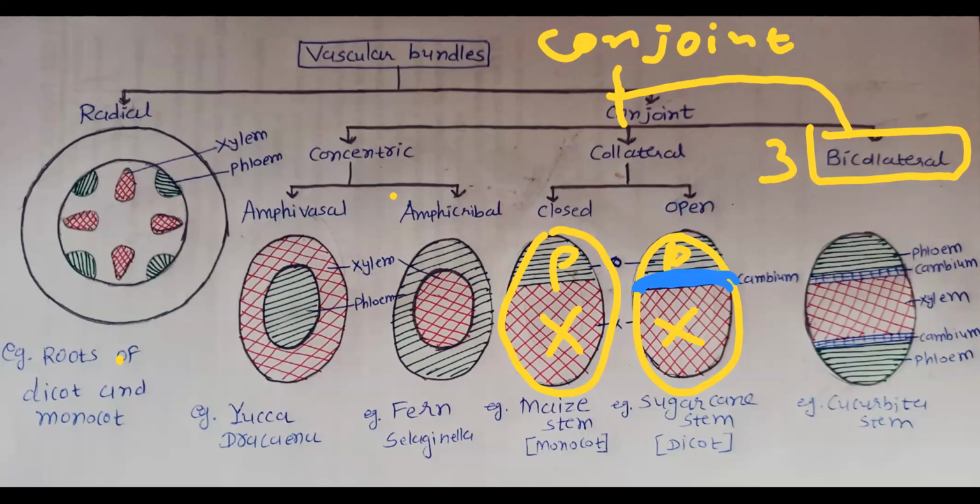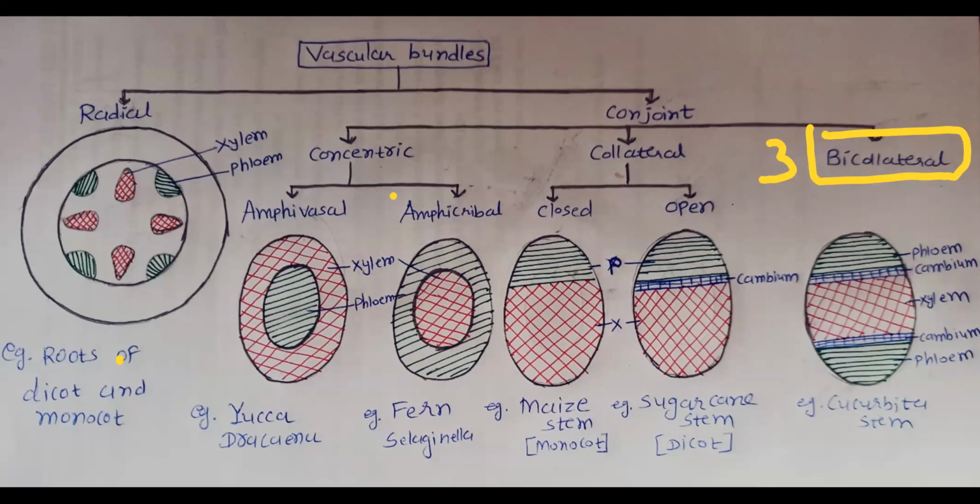It is normally seen in dicot stem. देखो रूट में एक ही ऑप्शन रेडियल, स्टेम में मोनोकॉट, स्टेम में closed bundles, dicot stem में open bundles. That's the way one has to understand.